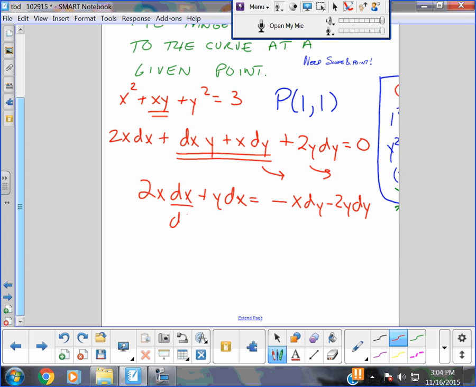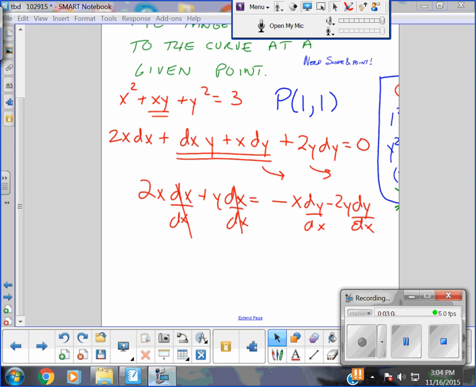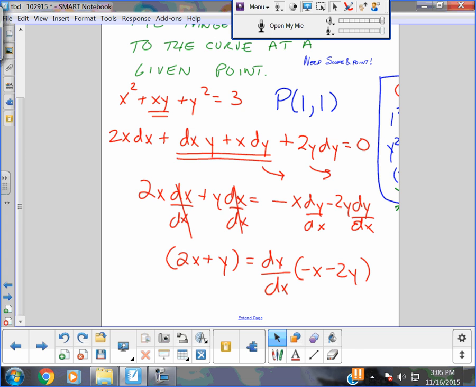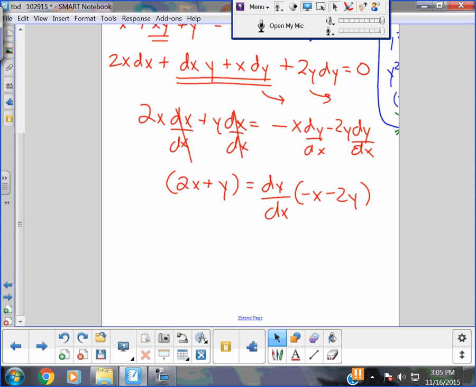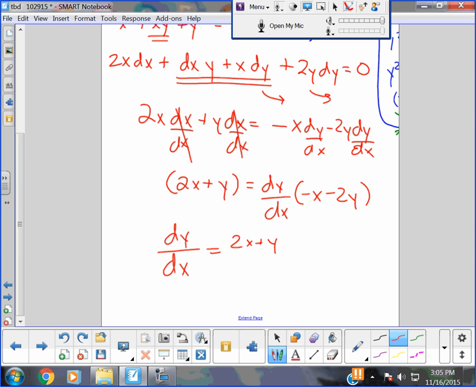I'll divide all four terms by dx. I suppose I could have factored dx and dy. I factored out the dy/dx, and again, I just divide. So I get dy/dx, the derivative of that function, is equivalent to (2x plus y) over (negative x minus 2y).